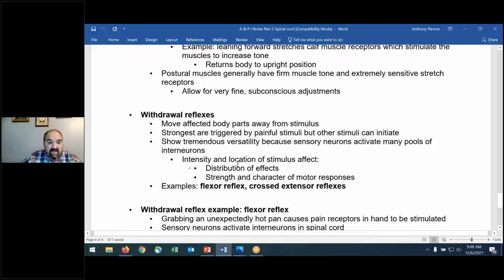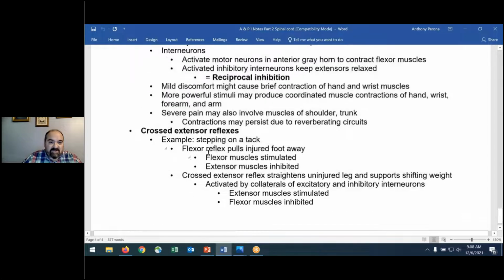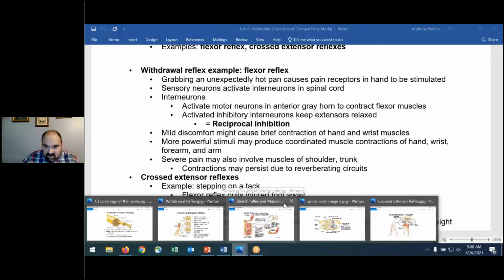And I'd like you to review and look at the withdrawal reflex with flexor and crossed extensor. You'll see that there is this ability for some musculature to be stimulated and some musculature to be inhibited. Let's go back to this image for a moment.